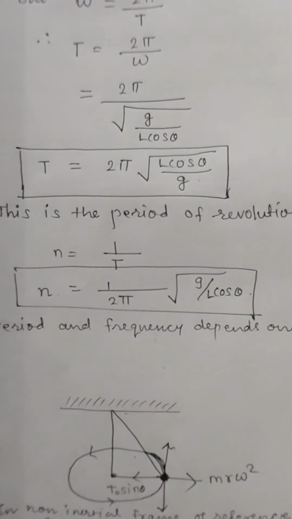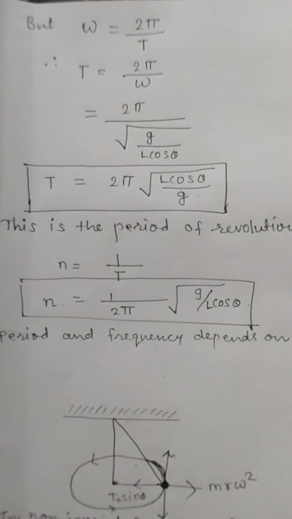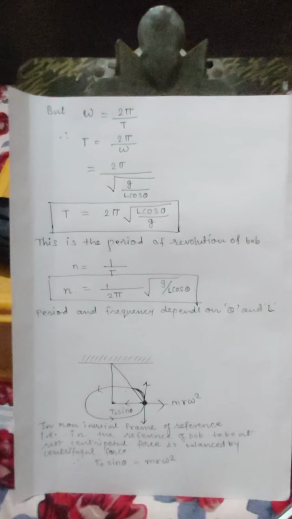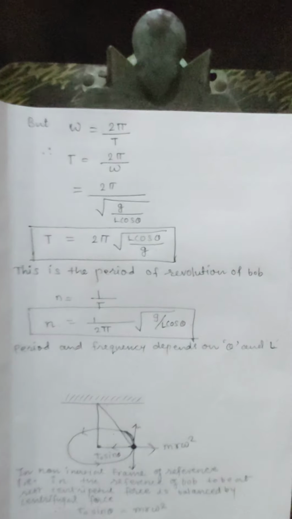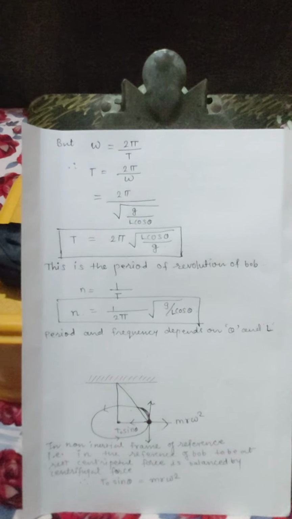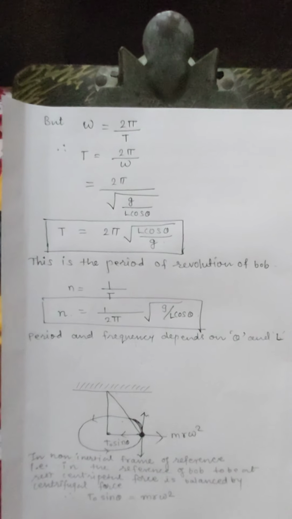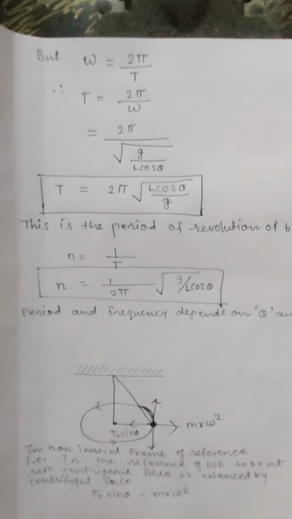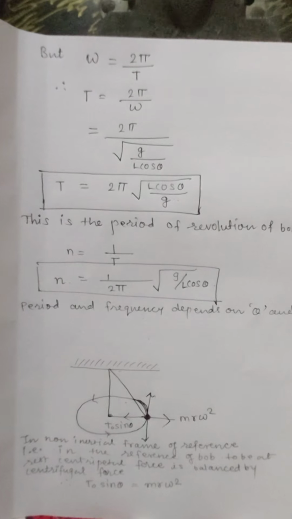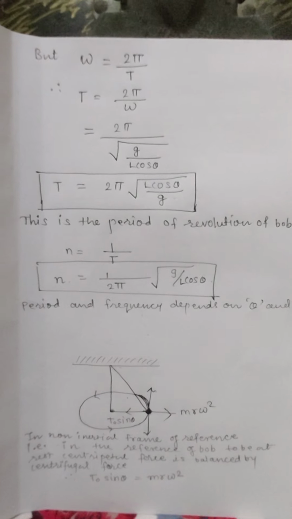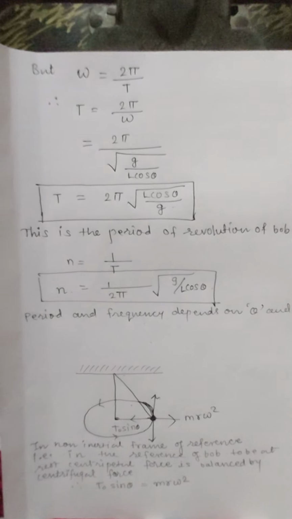Okay. So whatever expressions we have now seen, we are considering the inertial frame of reference, where Newton's laws are obeyed. And now if we consider that the bob should be at rest, that is, in case of a non-inertial frame of reference, suppose you consider the horizontal circular motion of the conical pendulum in the frame of the bob, then at that time the bob will be at rest.